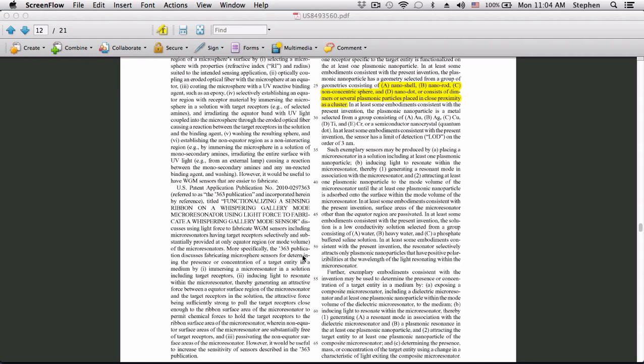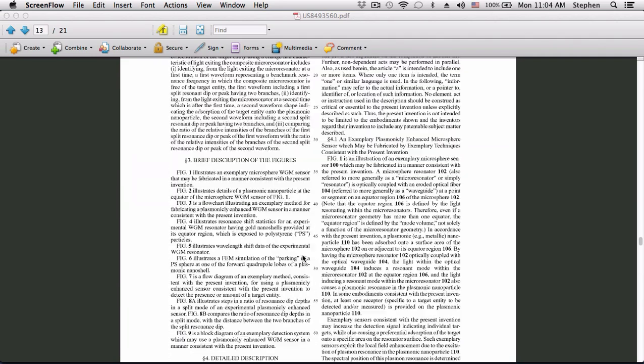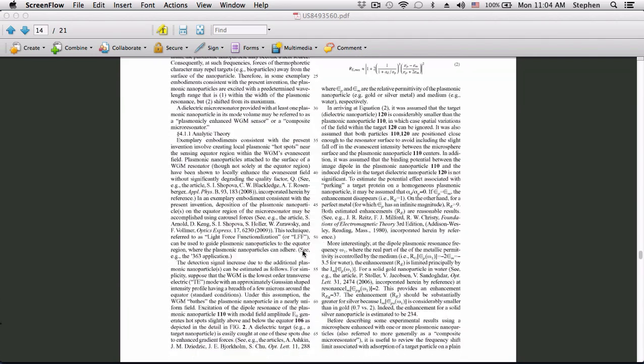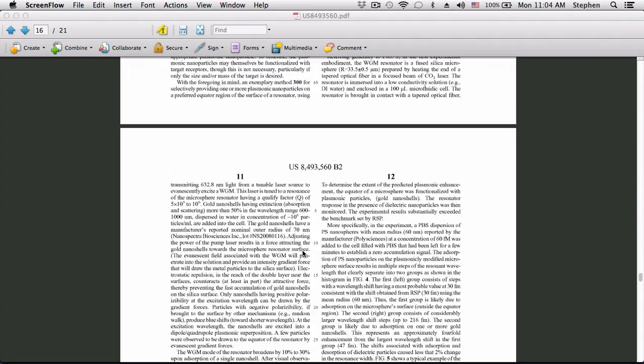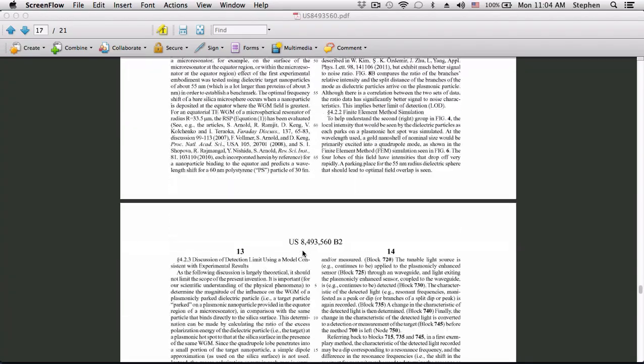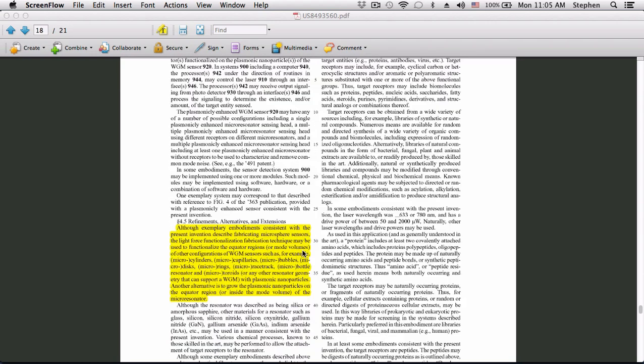The idea here is that clusters can often change the properties of the microcavity resonance, reduce the scattering of a cluster compared to a single plasmonic particle. So it covers just about every possible epitope. I'll just page down here, hopefully quickly, and I'm sorry for the delay, to the next point.